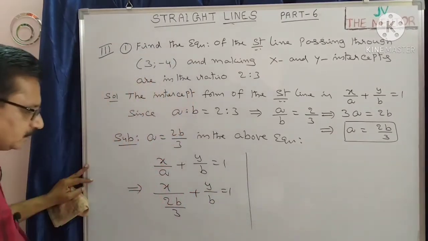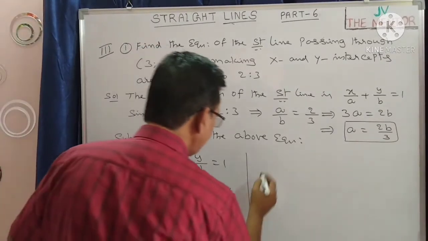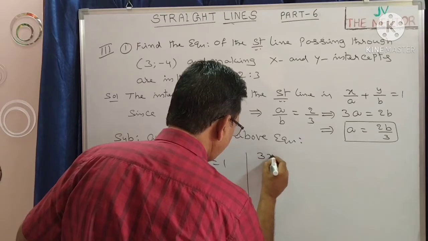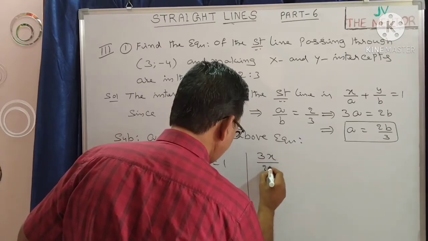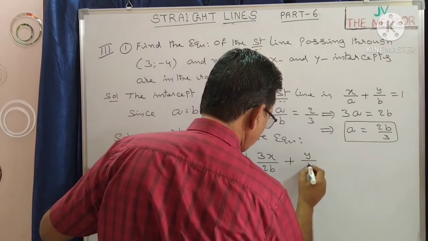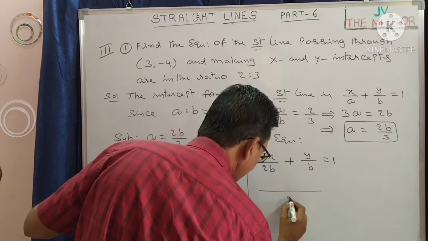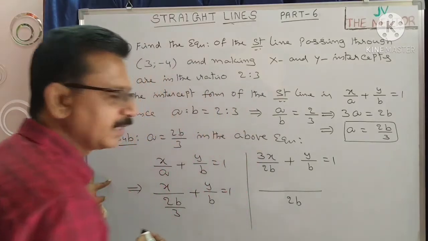Okay na? Now ఈ 3 ఎక్కడ పోతుందండి? న్యూమరేటర్ పోతుంది. 3x by 2b plus y by b equal to 1. Now taking LCM. Here LCM is 2b.